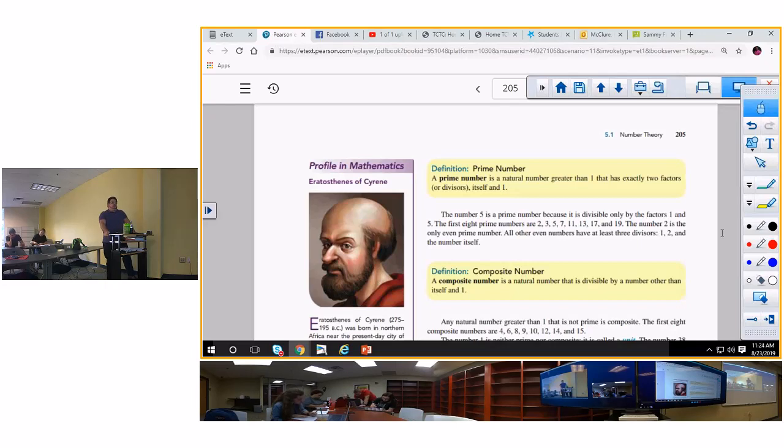What do you mean? Well, what about the number 2? What numbers do you multiply together to get 2? 1 times 2, or 2 times 1. How about 7? 1 times 7, 7 times 1. There's no other number that will go into 7 besides itself and 1.